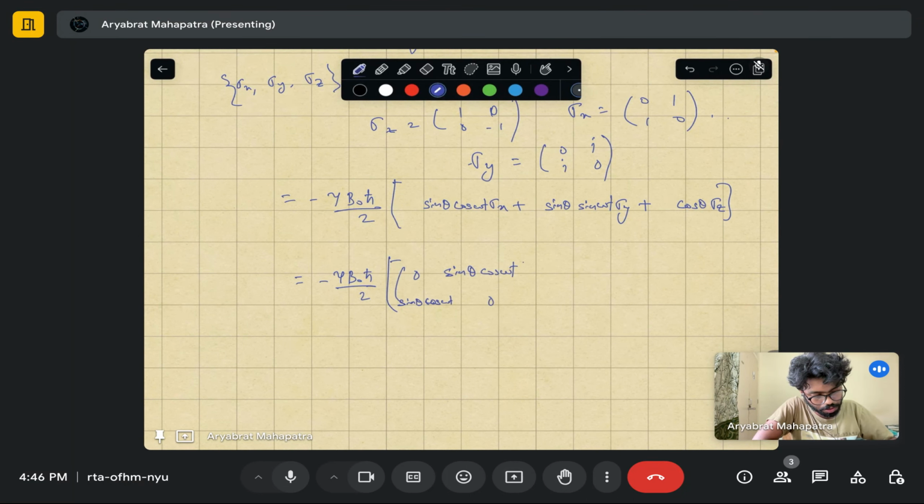So this is your first term, and in the same way you have 0, minus i sin theta sin omega t, i sin theta sin omega t, 0, and then further you have cos theta, 0, 0, minus cos theta.